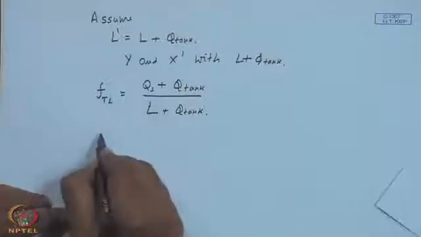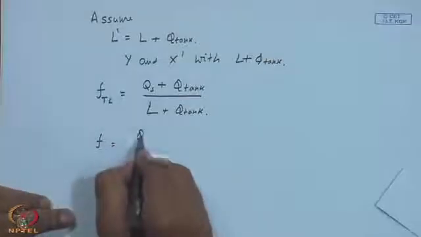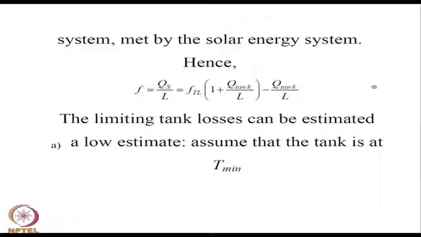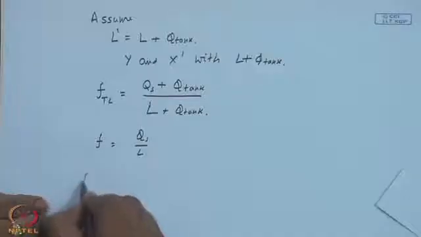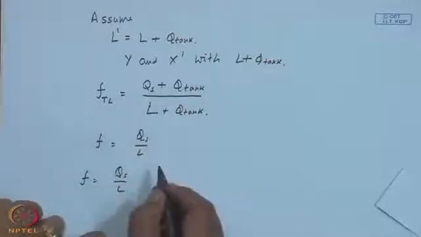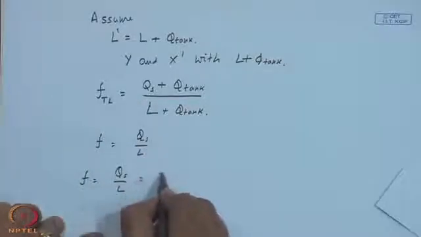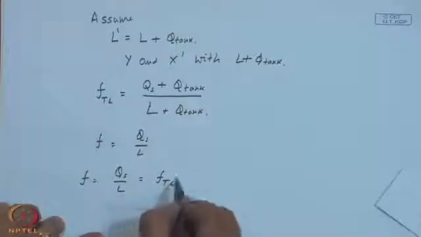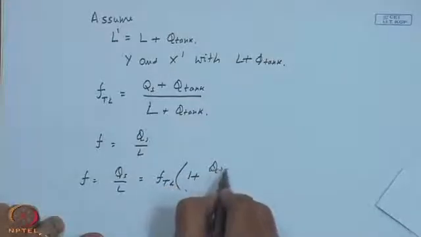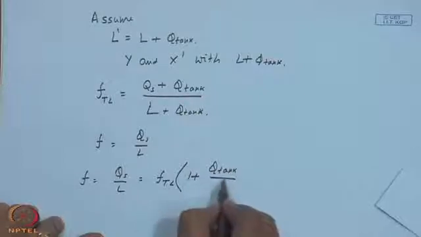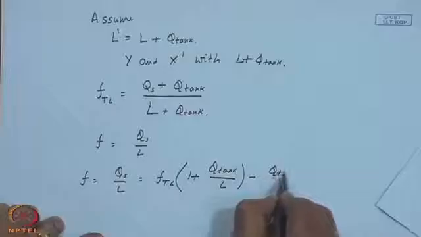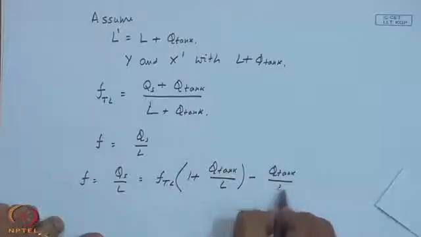But actually my F solar is Q s by L. So, from this I can find out F is equal to Q s by L, just divide throughout with L, that I will get as F T L times 1 plus Q tank by L, minus Q tank by L.